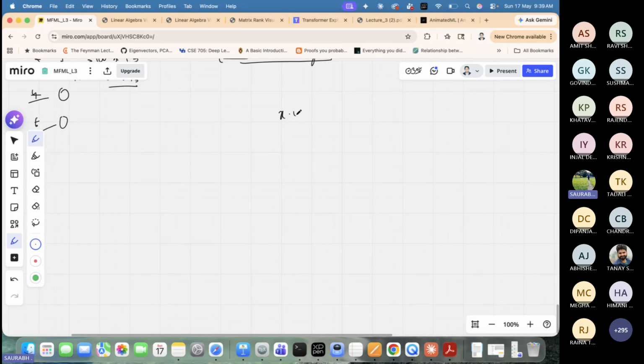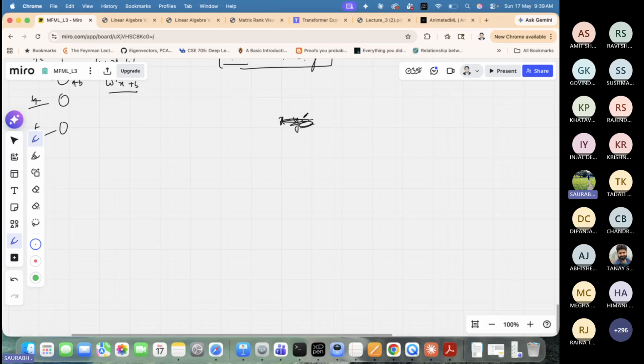Now, if you have got this idea, the dot product is also represented like this. Let me first write you the inner product.